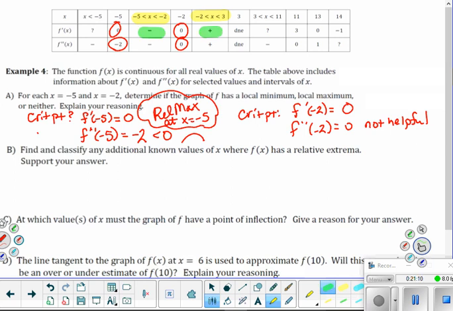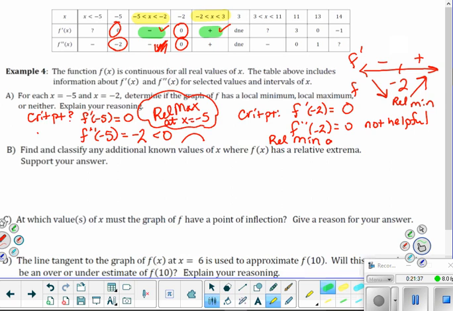So let's do sign chart. Yeah, I'm running out of room. Up here. So f prime at -2 says I have negative to positive. That means I'm going down, back up for f. Relative min. Conclusion, relative min at x equals -2. And this was by first derivative test.